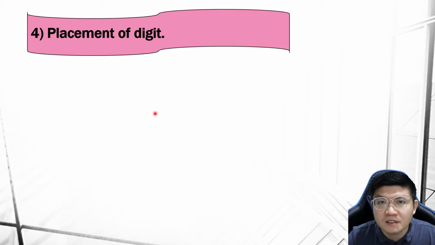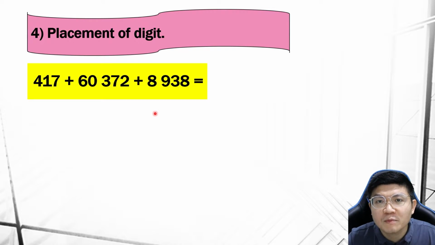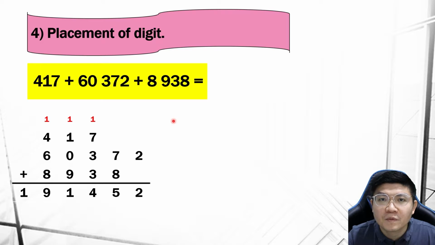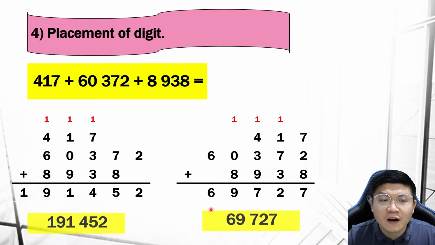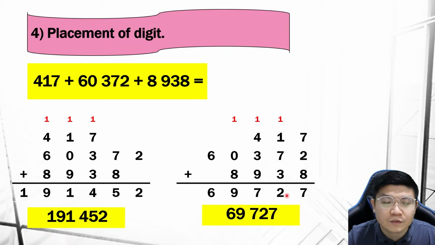Next tip is placement of digit. Okay, here I'll be showing you a number sentence, and I'll be arranging it in standard form like this and also like this. So both answers are different. So which answer is wrong here? All right, it's actually the left-hand side one.